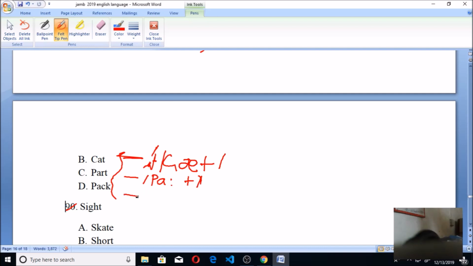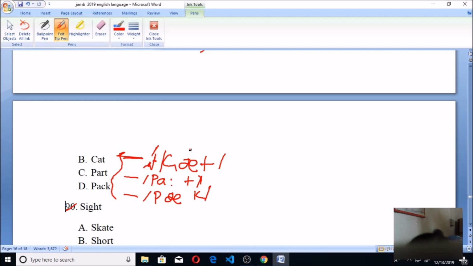Then finally we have park. So we can clearly see that the similar one is, we have cart, we have lash, we have cat, and we have part as well as peg. So we can see that cart is very similar to that.